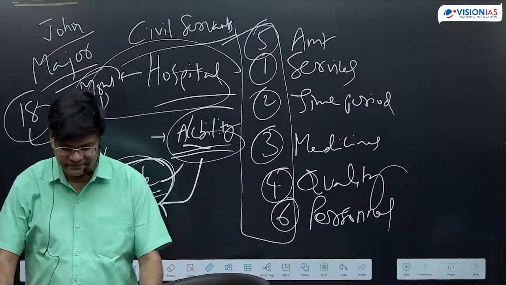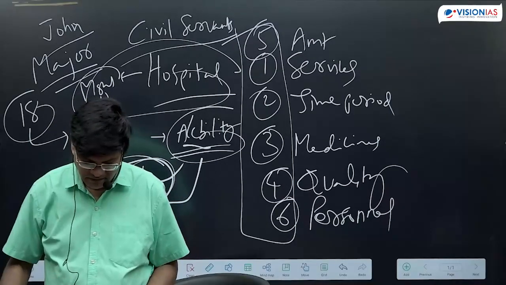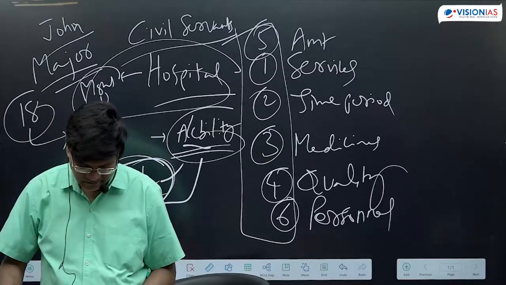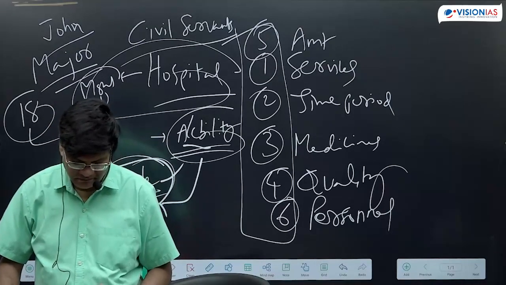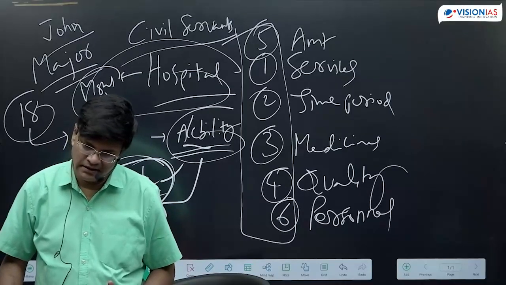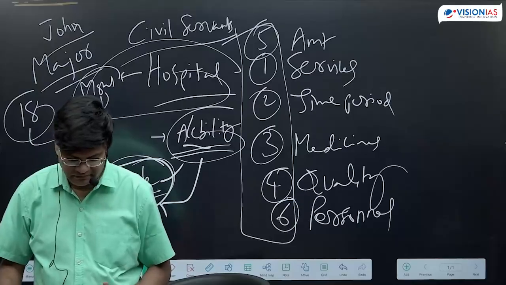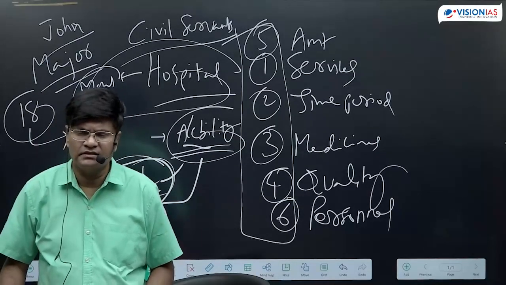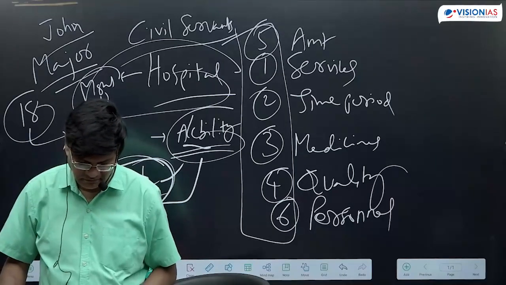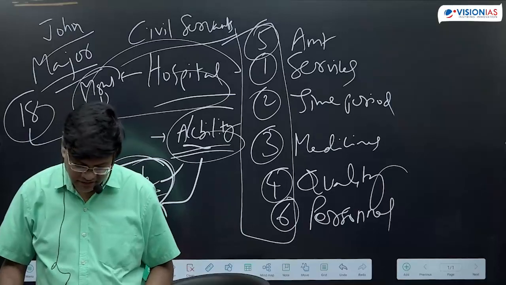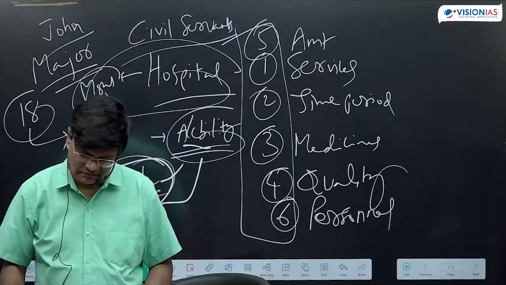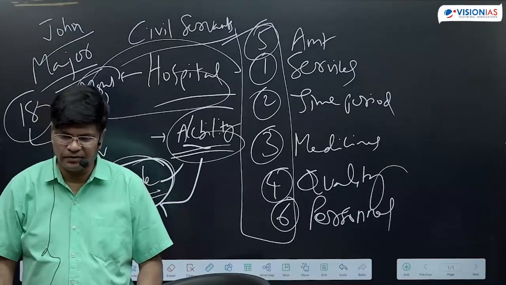Next, they also provide information about the beneficiaries. Next, the citizen charters also contain GRMs, grievance redressal mechanisms, in case of failure of bureaucracy to provide services.